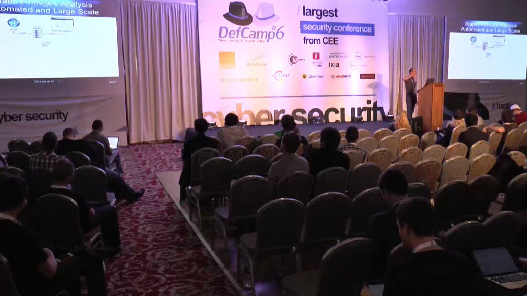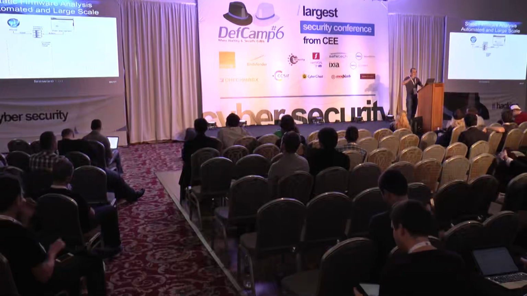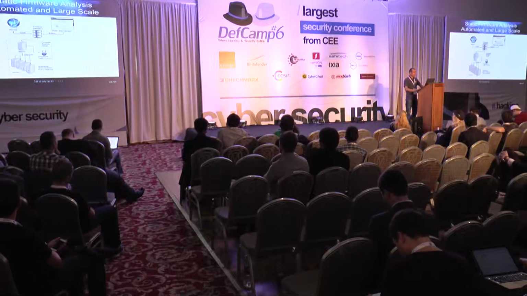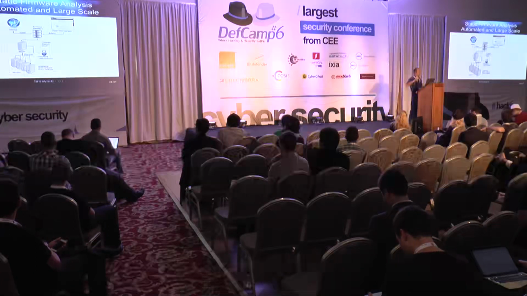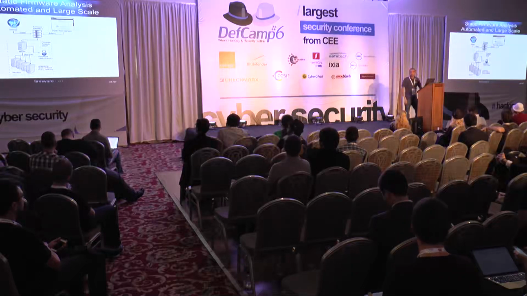We collect everything and then we have a combination of an analysis cloud at our university, plus some Amazon nodes. This is pretty simple. On every node, we send the firmware and say, please unpack it with all the tools you know, and do some static analysis.